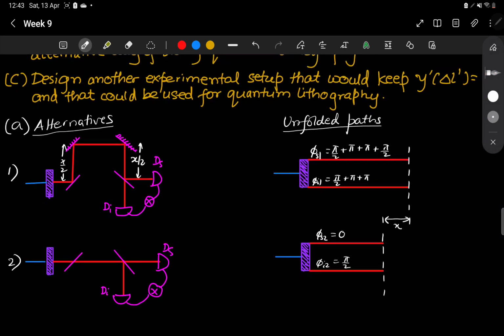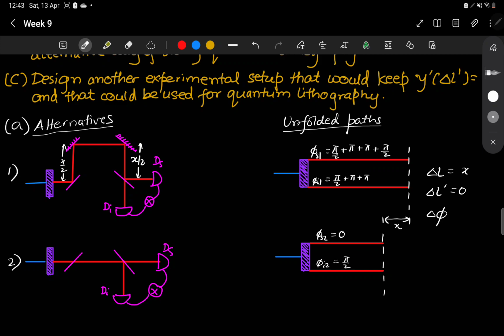So from here we can see that delta L is x, delta L prime is 0, because both these signal and idler paths are the same length, and for delta phi, here there is only pi by 2, so we will subtract 1 pi by 2.